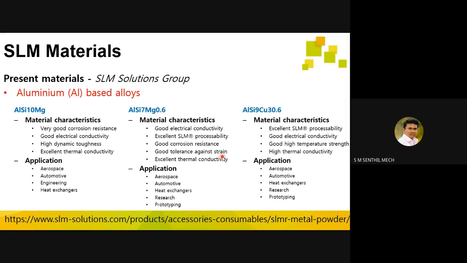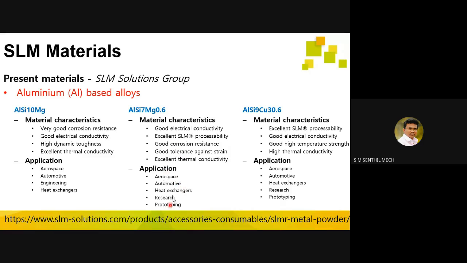That strain will obviously lead to the failure of the material. Good tolerance against strain means even if you stretch more than the limit, it can have a good resistance and it won't fail easily. Of course it also has a good thermal conductivity.